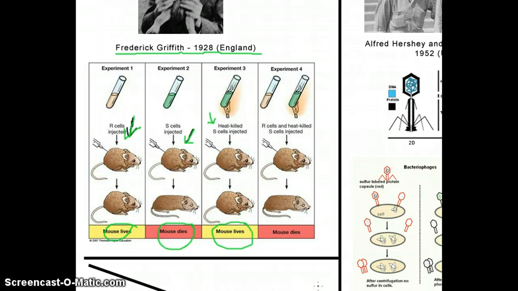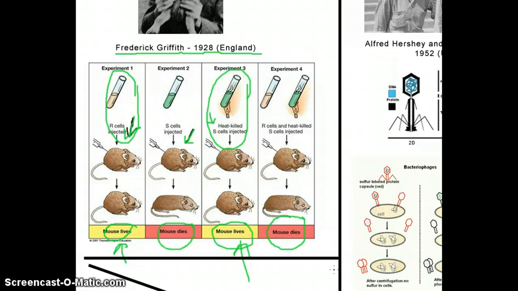Not surprisingly, because he killed it, right? Well, then he thought, what would happen if I took these and put them together? Now, technically, if you look, the mouse lived in both situations, so the mouse should still live, right? Well, he mixed them together, and look what happened. The mouse died.